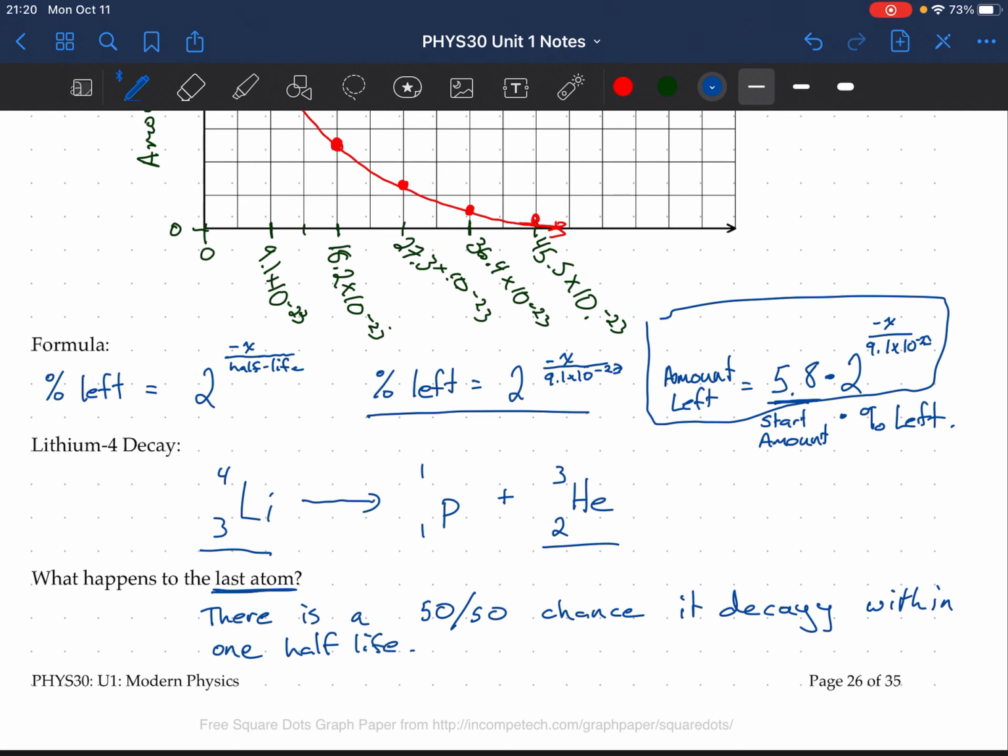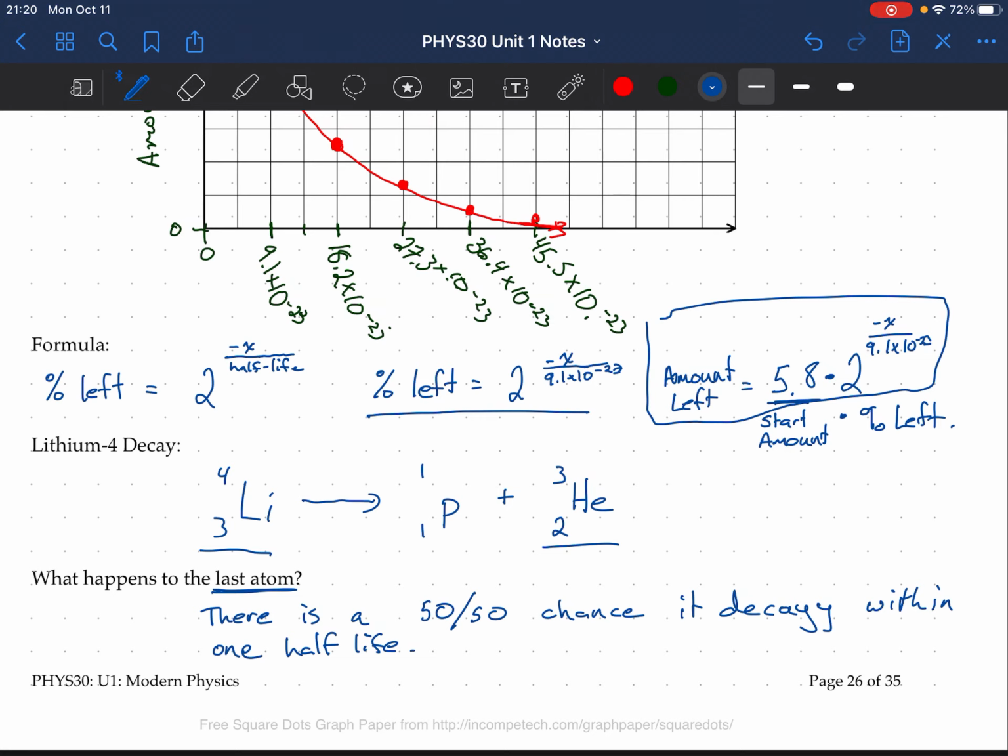Now this is random, so that last atom could still be lithium-4 for a really long time. Well, not for a really long time because the half-life is very short for lithium-4. But it could stay around for a few half-lives as lithium-4 and just not decay. Because there's a 50-50 chance that it will decay within the half-life.